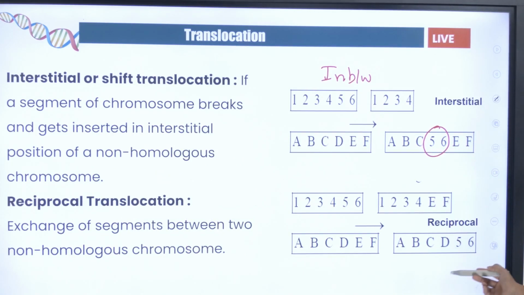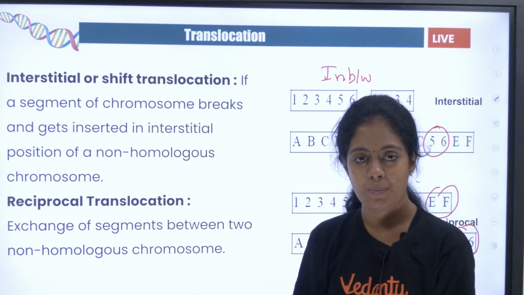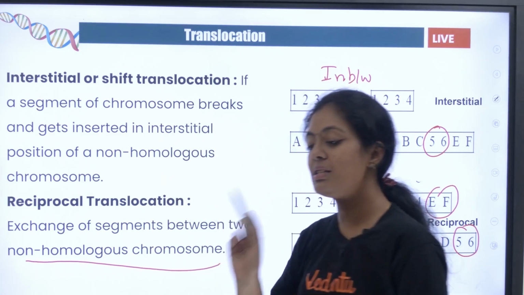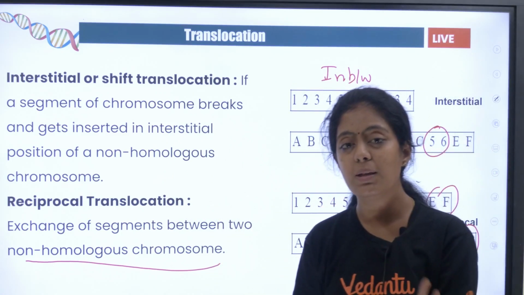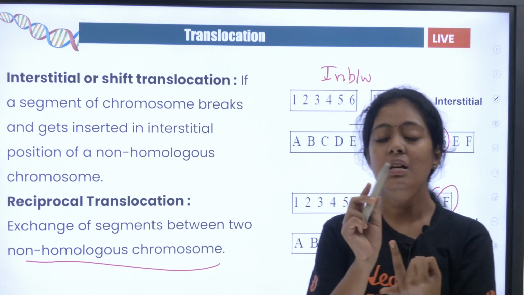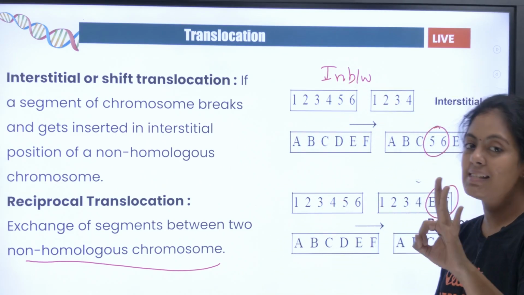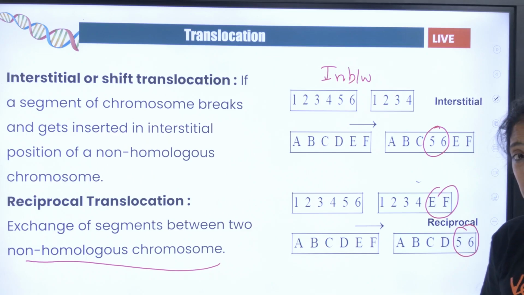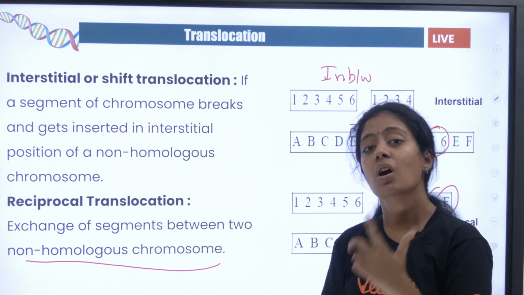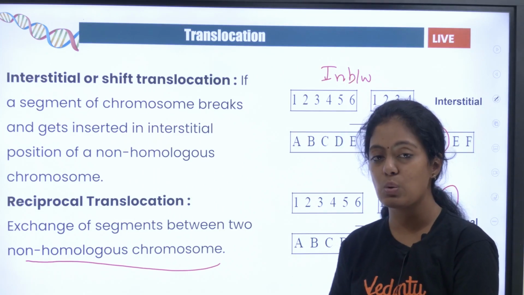Reciprocal means transporting from here to there and from there to here, mutual. I give you, you give me. It is the exchange of segments between non-homologous chromosomes. So there are three types of translocation: interstitial, reciprocal and simple. This completes chromosomal aberration: insertion, deletion, inversion and translocation.